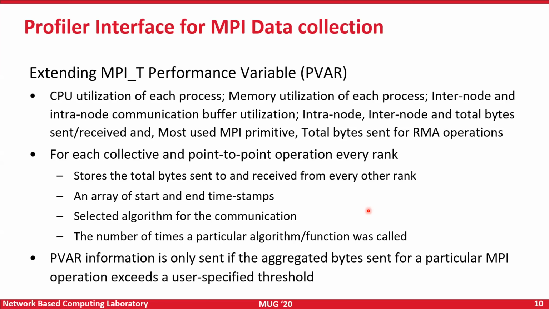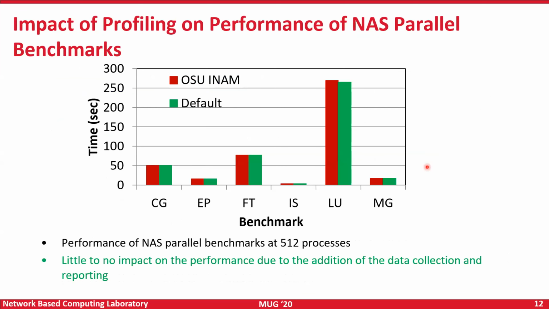This gives a lot of performance optimization potential, and as you'll see in the upcoming slides, it has very limited impact because of this kind of data collection method. We have very little impact if your application is running in an environment supporting OSU INAM versus running on an MPI library without any support for OSU INAM.